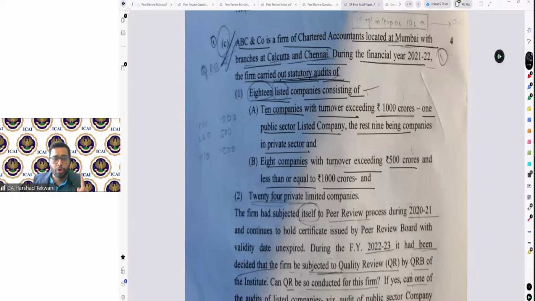Okay, so total 18 listed companies, out of which 10 companies with turnover exceeding 1,000 crores, 1 company is a public sector listed company, and the rest 9 being companies in private sector.